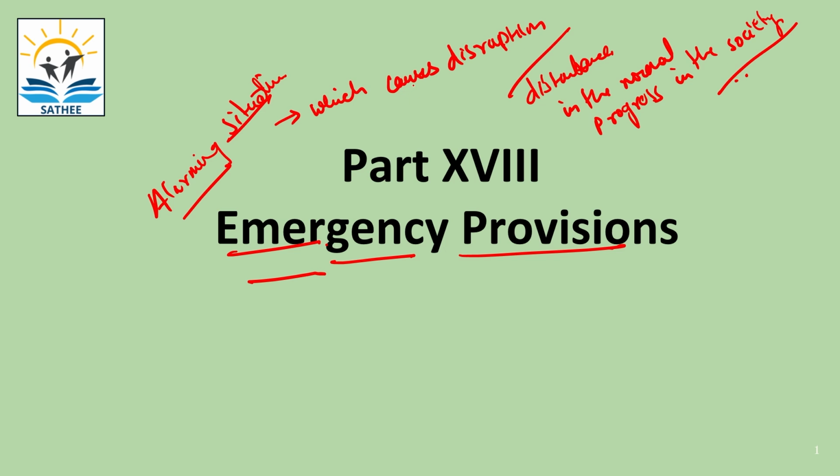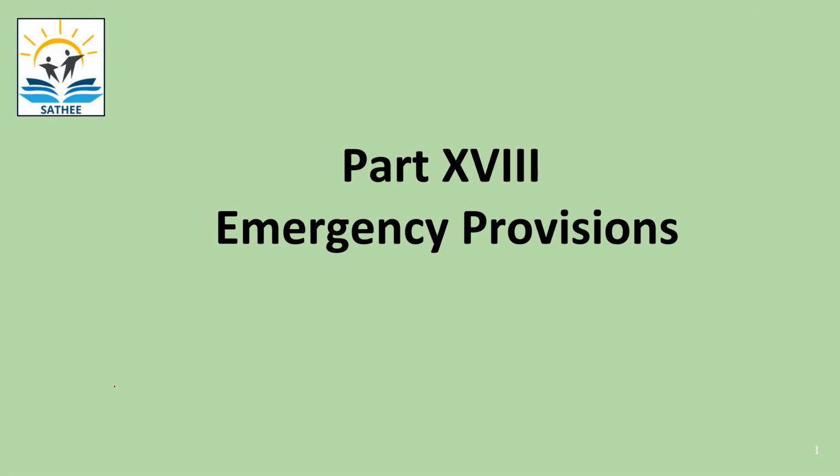There will be a time or a moment where, for different reasons, it can be anything. It can be because of external disturbances. Let's take an example: if some country attacks India, then obviously it will be an emergency situation.